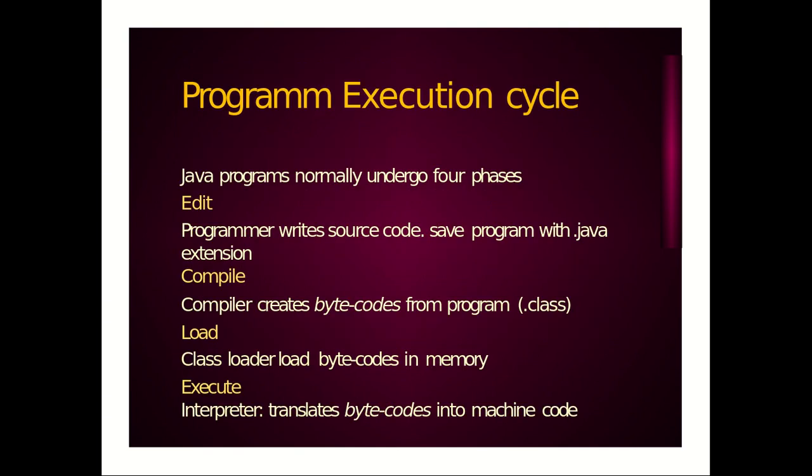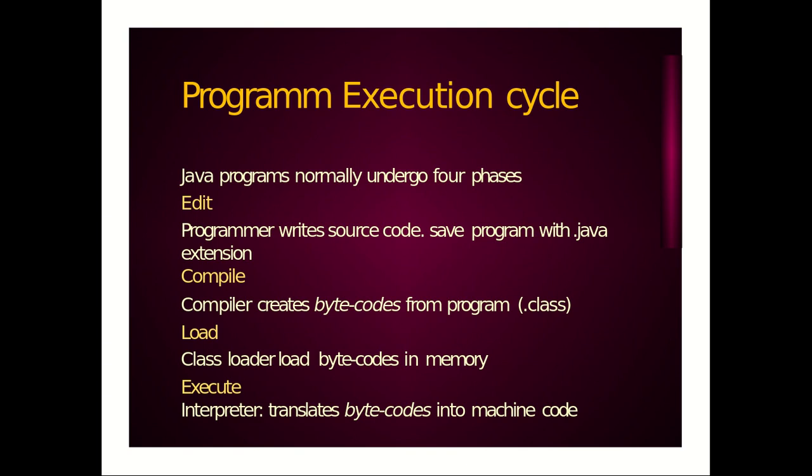Now we discuss the program execution cycle of a Java program. There are 4 steps or 4 phases of program execution. First of all, write the source code and save that program with a .java extension. After that, compile that program using the javac compiler.